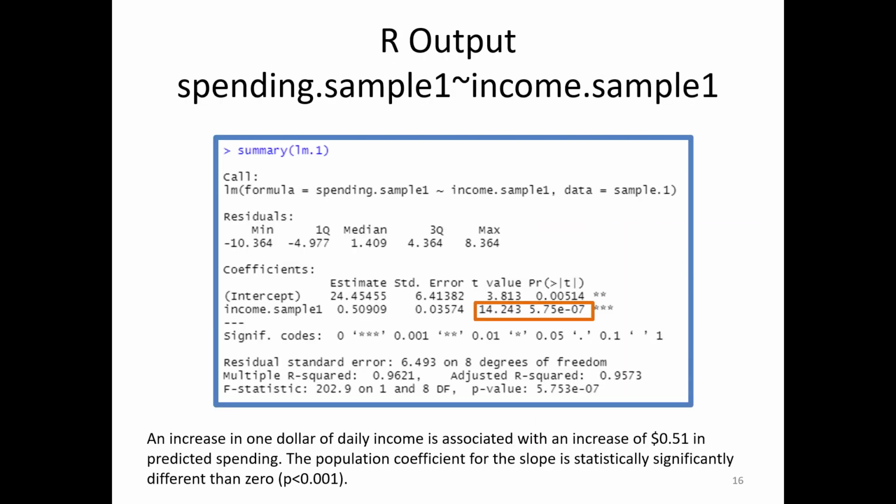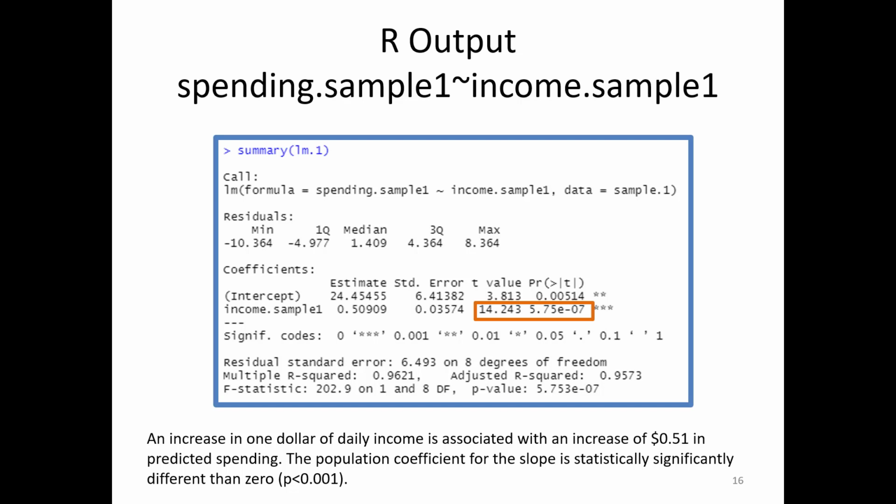And here we have our output. Again, from before, we have our estimate. We calculated the standard error. We have a t-value from the formula from before. That is the estimate minus 0 over the standard error, and we get 14.243. We look on a t-distribution, calculate a two-sided p-value, right?